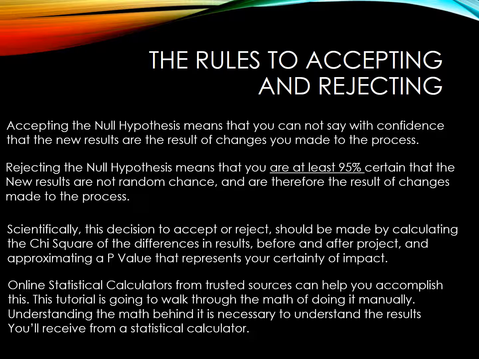If you go to a trusted source, they're going to be able to help you do it, where you can plug in some numbers and it's going to give you the answer. If you understand how to do it manually first, you're going to have a much easier time interpreting the results you get from a statistical calculator. So that's why we're going to go through the pain of doing it manually, just to get a basic understanding of how it works, and so that you'll be able to interpret results if you use an online statistical calculator.